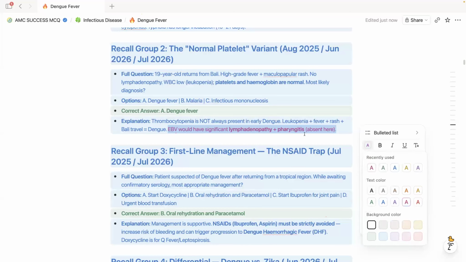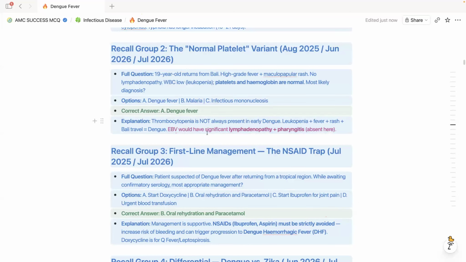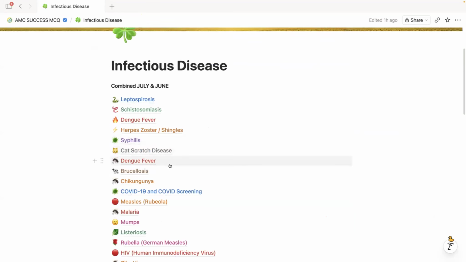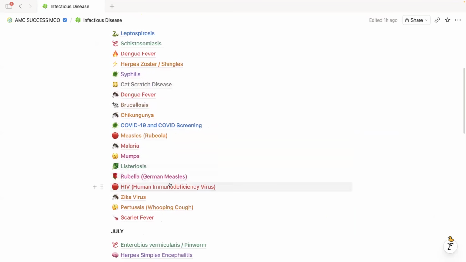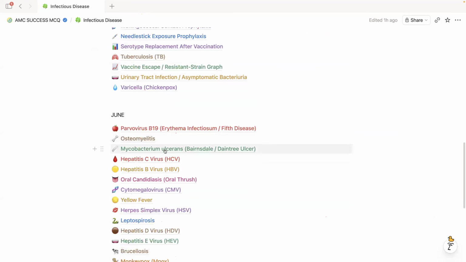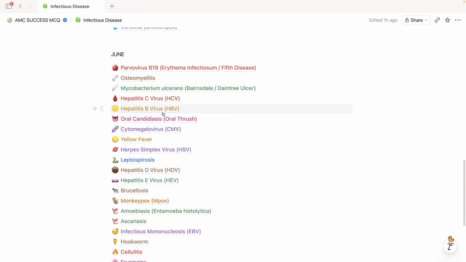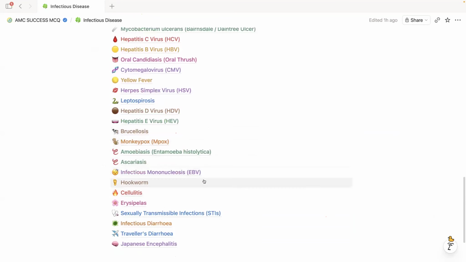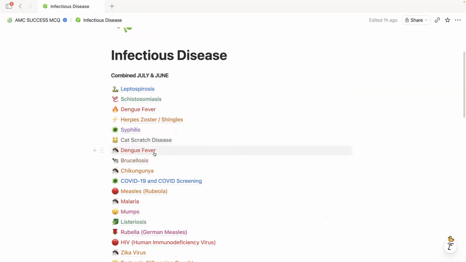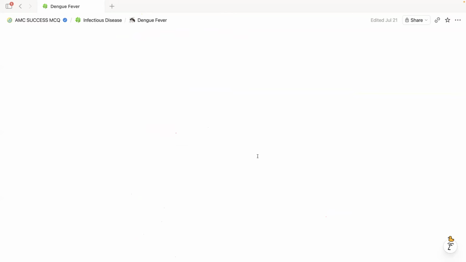If lymphadenopathy and pharyngitis are present together, then think about EBV as well.